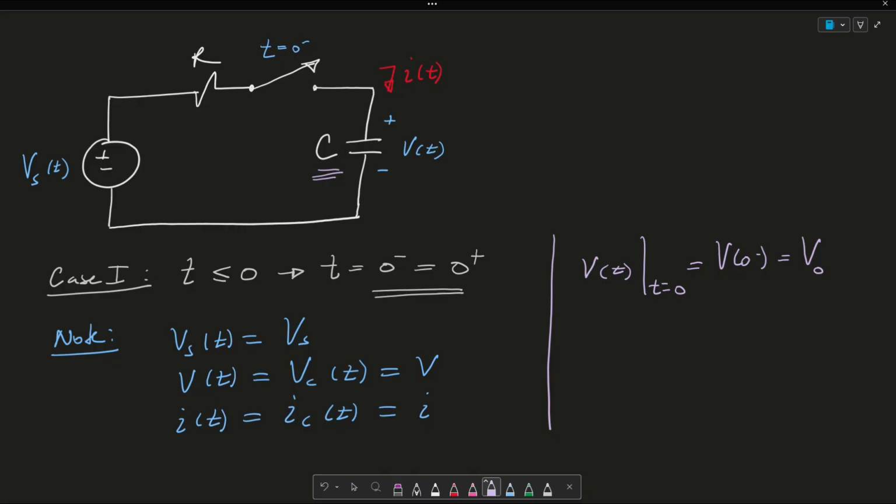It could be 0, or if the capacitor was previously charged by some other source other than this Vs of t, it could have this V naught, a value or another constant other than 0. Long story short, this V0 is essentially the initial voltage across the capacitor. And again, since voltage across a capacitor cannot change instantaneously, we say then that V0 minus is equal to V0 plus, which is also just V0 for simplicity. And this is our conclusion for case 1.